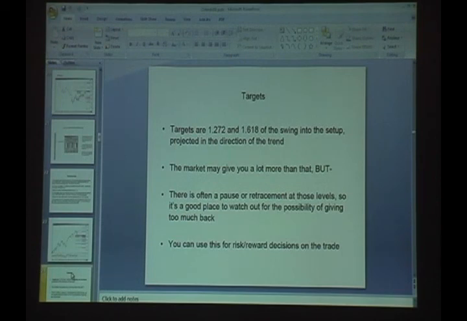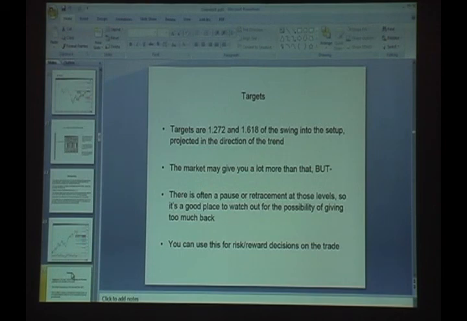But if the market stops right at that 1272 and then pulls back and your stop gets hit on the balance, you made every single cent you could on the trade because it held at the target.